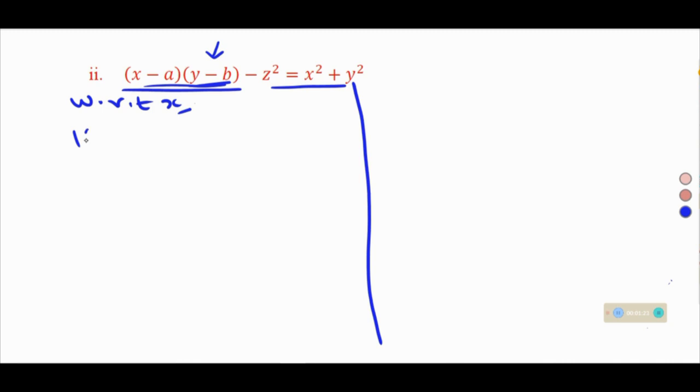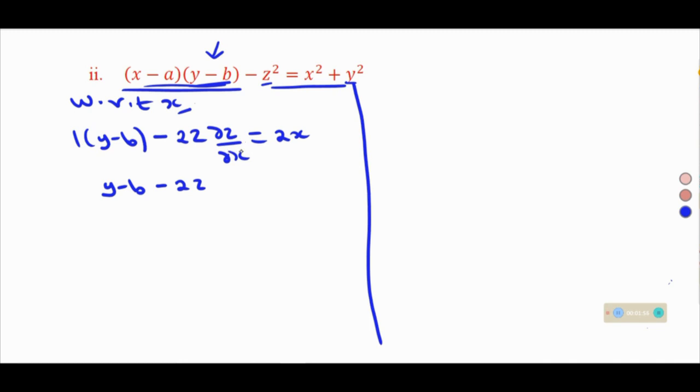So let us have 1 into y minus b, minus, I'm differentiating z squared, so differentiate z squared normally, get 2z, but because you are differentiating z with respect to x, you will put del z del x, and this one will be equal to differentiate x squared and get 2x. When you differentiate y squared, you will get 0. So this will be plus 0. So we shall have y minus b minus 2z del z del x.